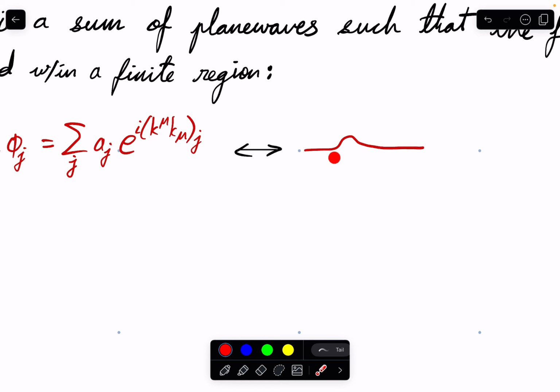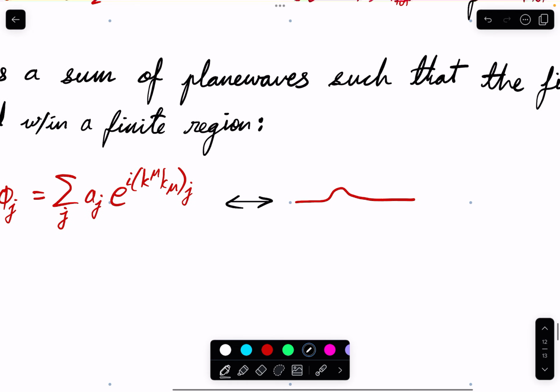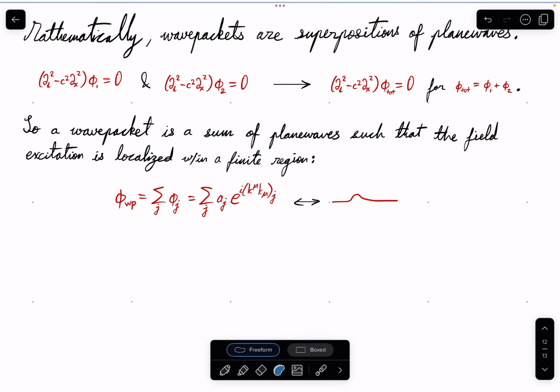It's this little bump. And you know that the bump isn't anywhere else. It's not infinitely wide or anything. It's within a finite region. So this is a wave packet.